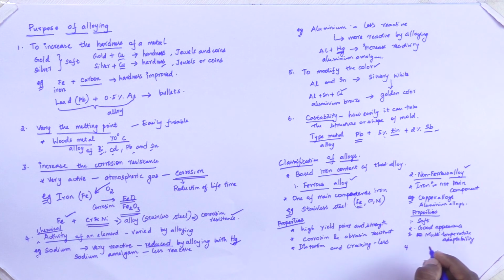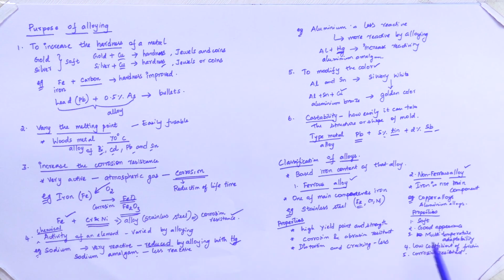That's why it's called multi-temperature adaptability. They have a low coefficient of friction, and the final property is that they too are corrosion-resistant materials.